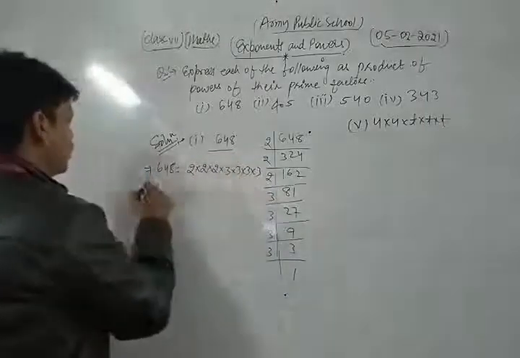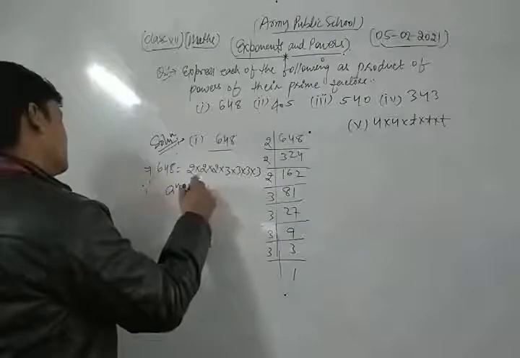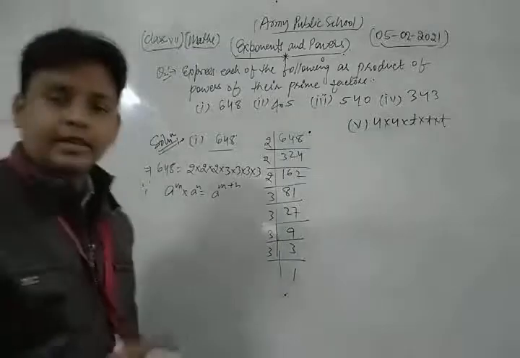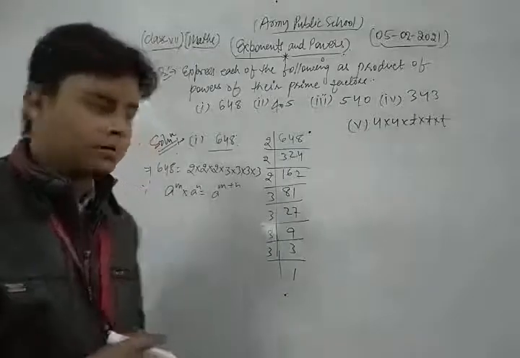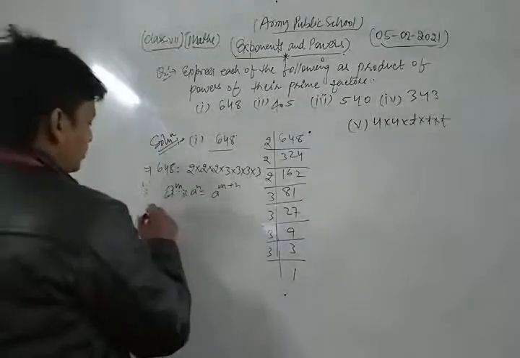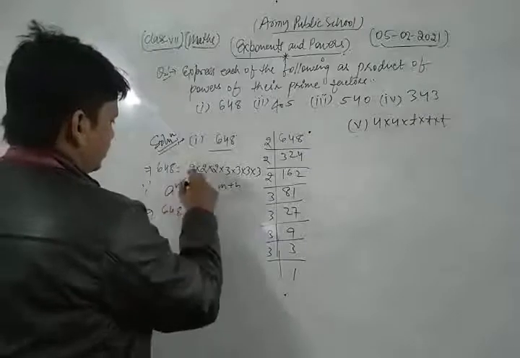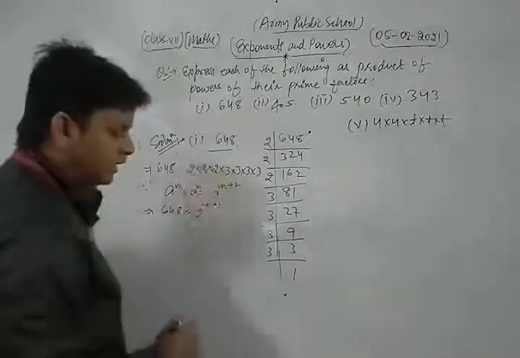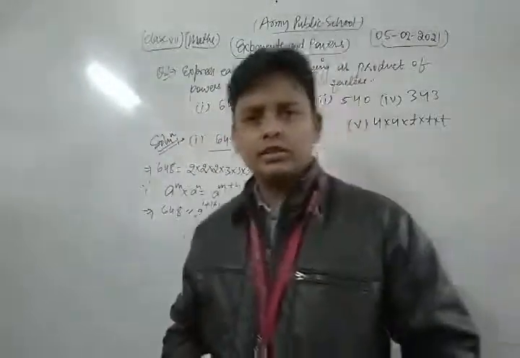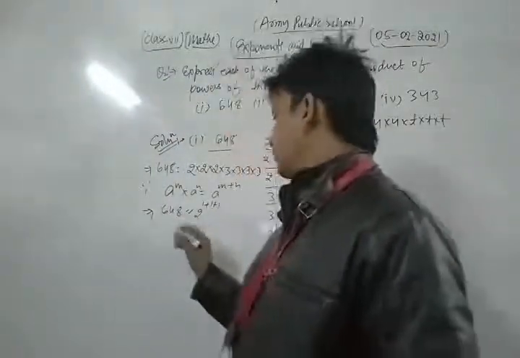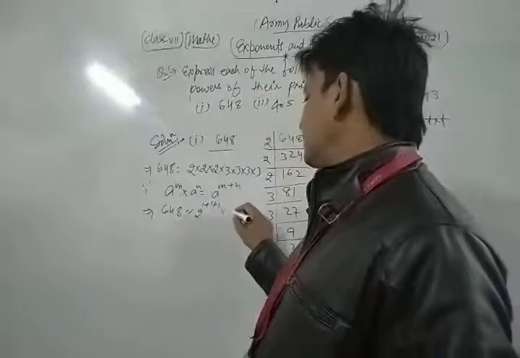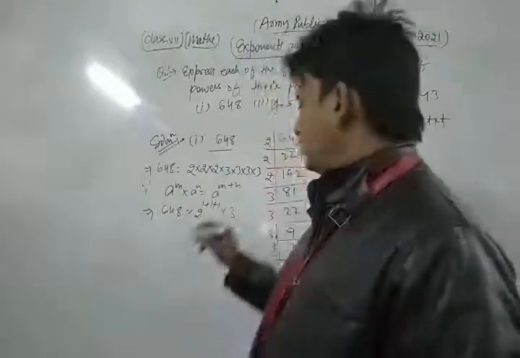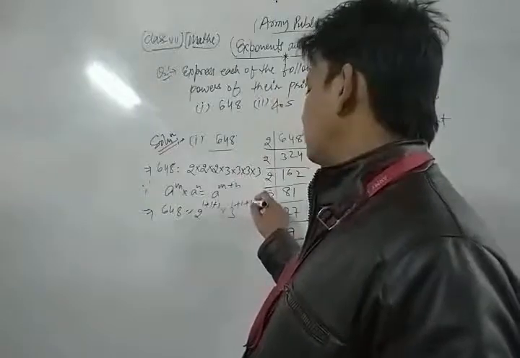Now since we know the law of exponents, a to the power m plus n, we know that very well. So here we apply that law of exponents. We get 2, 2, 2 mentioned 3 times, with the power of each 2 being 1, so we write 1 plus 1 plus 1. Similarly, 3 is mentioned 4 times, so we write 1 plus 1 plus 1 plus 1.